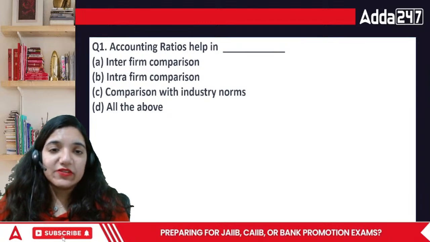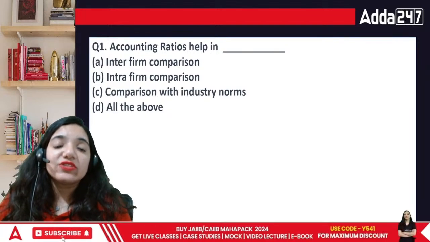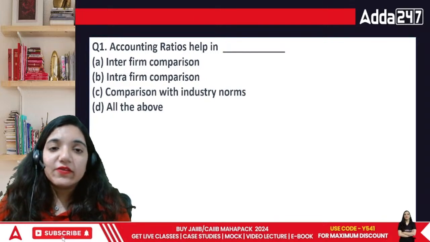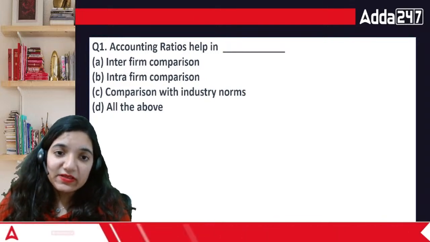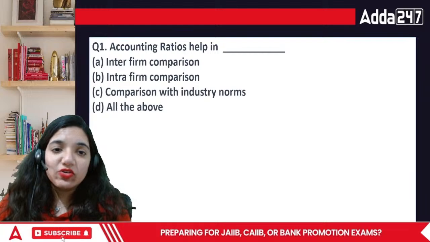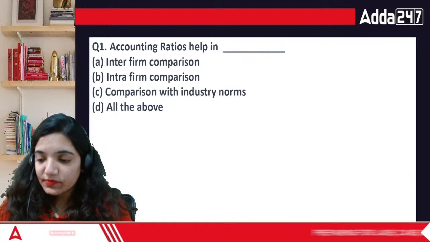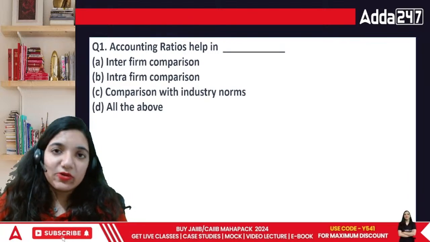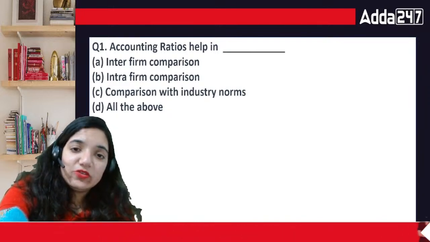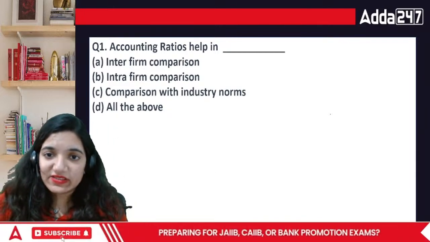Okay, everyone, here comes the first question. Accounting ratios help in inter-firm comparison, intra-firm comparison, comparison with industry norms, or all of the above. Actually, accounting ratios are one of the tools of financial statement analysis.